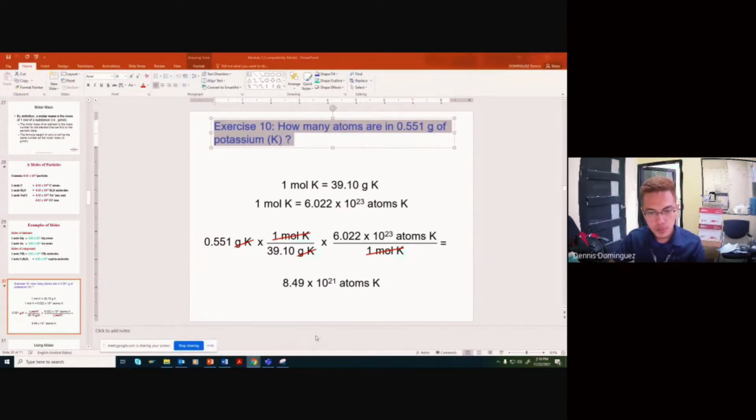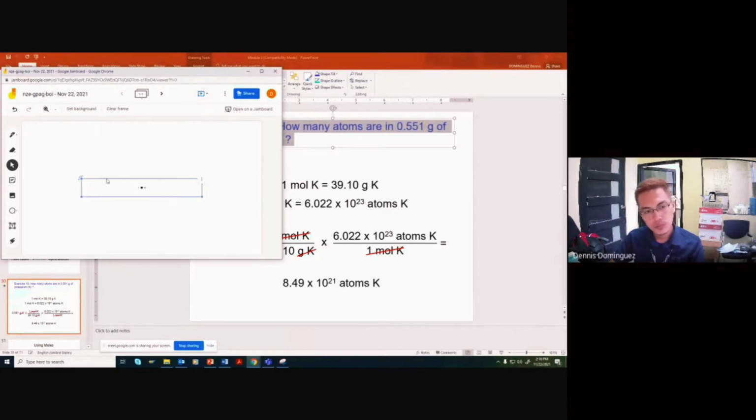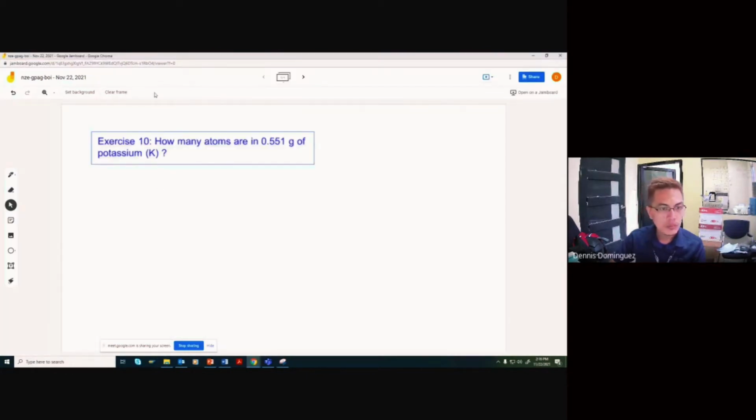The molar mass of potassium is 39.10 grams of K per mole of K.